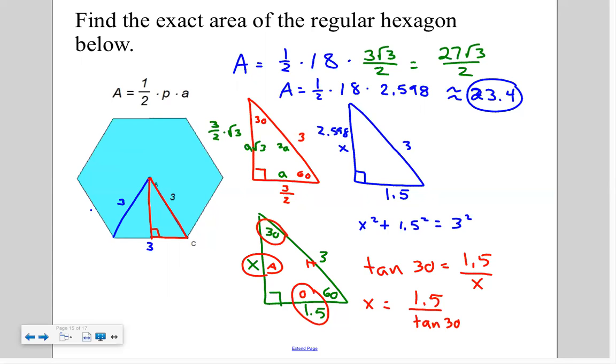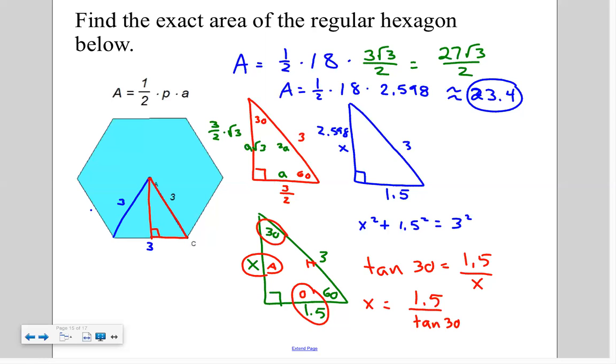Whether we are using special right triangle ratios, Pythagorean theorem, or trig, we will get the same number. It's just that these are decimals that go on forever, so you have to round them someplace. That's why this isn't considered exact, and these are considered rounded. Make sense so far? Got the 3 different ways.